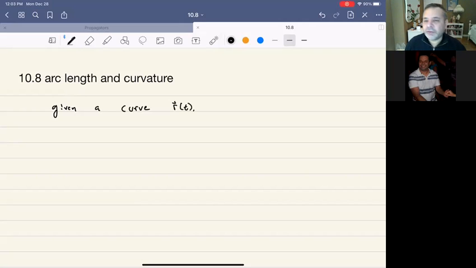So let's say we have a curve r of t, okay? Then we can find the unit tangent.